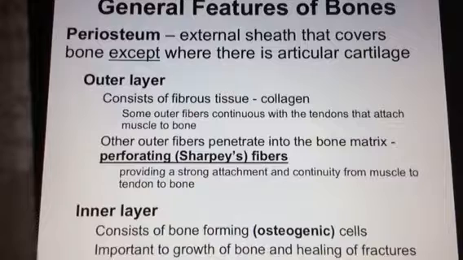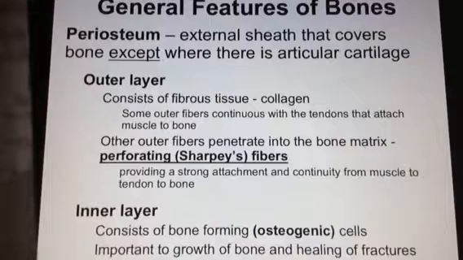There is a covering of the bone called the periosteum. It's an external sheath, except where there is articular cartilage. So it basically covers all of the bone except for the ends where the joints are. The outer layer is made of fibrous tissue, and some of the outer fibers penetrate into the bone matrix, and those are called perforating fibers or Sharpey's fibers.